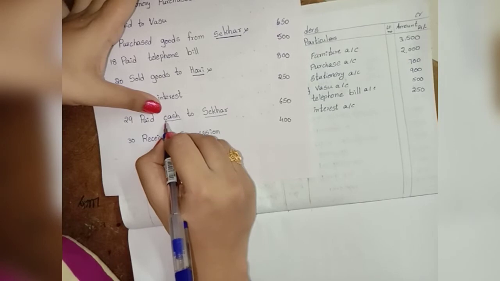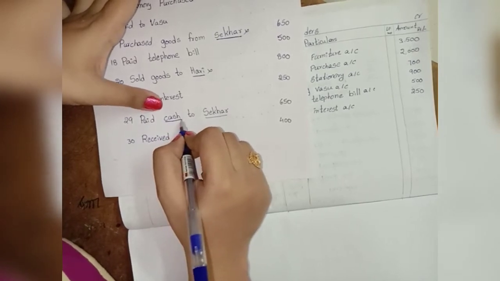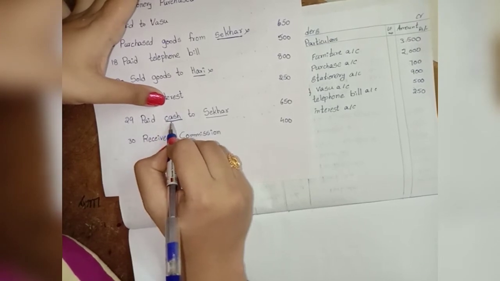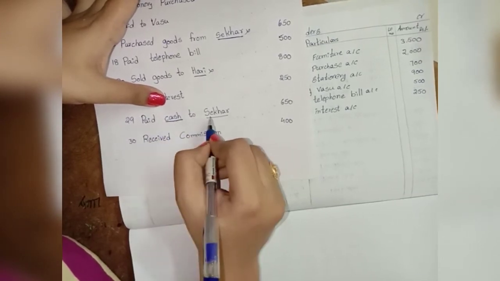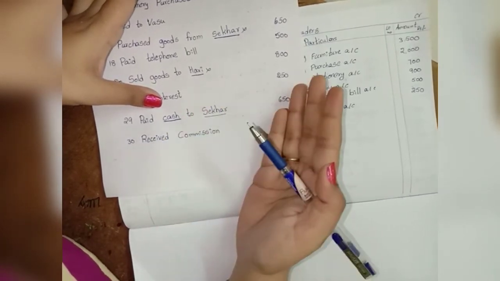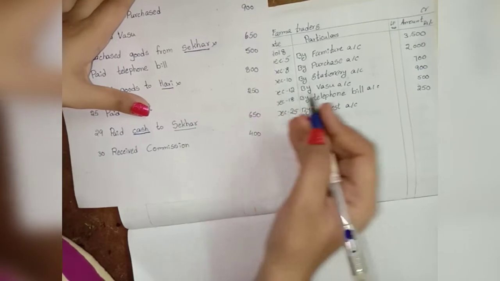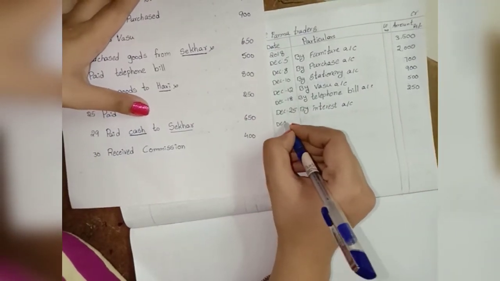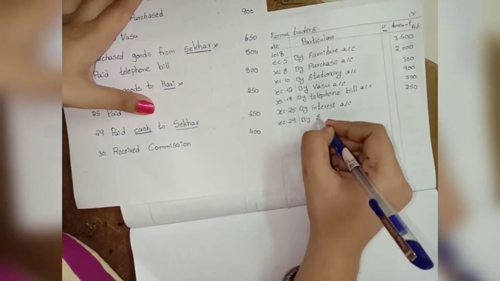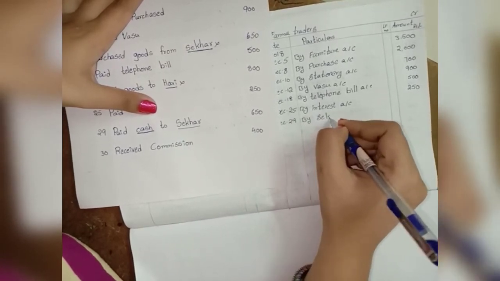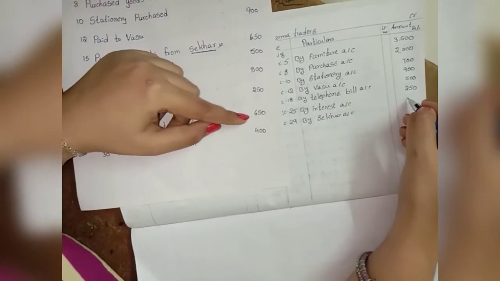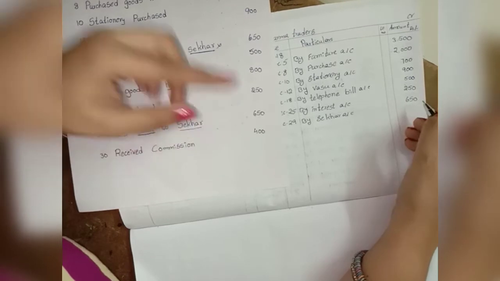It's mentioned that it is a cash transaction to the person Shekhar. So we paid the cash. So it is in credit side, December 29th, by Shekhar account, and the amount is 650 rupees.